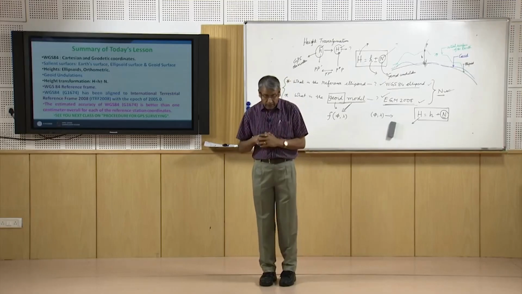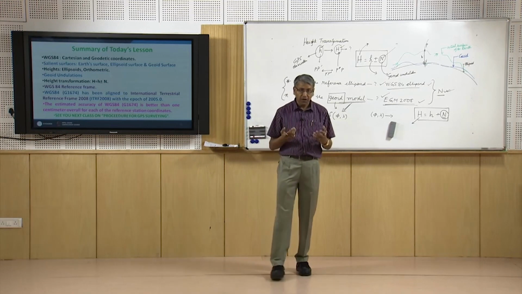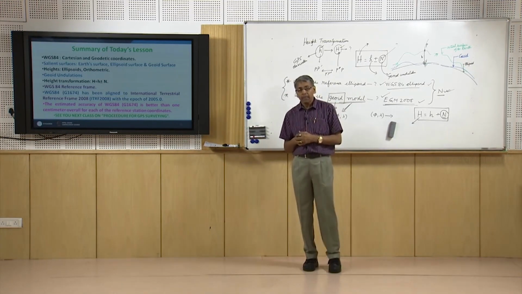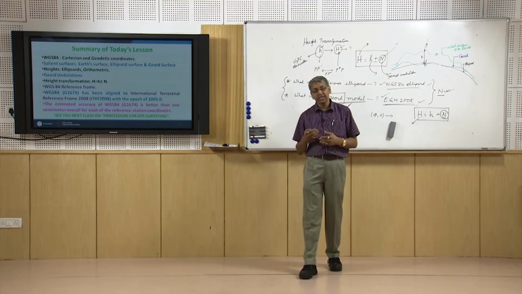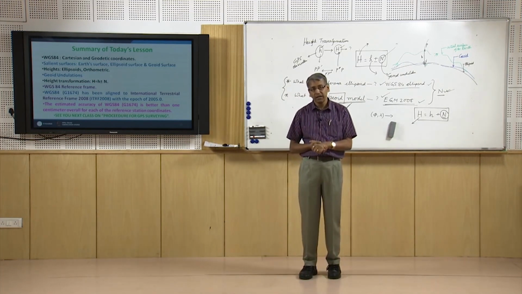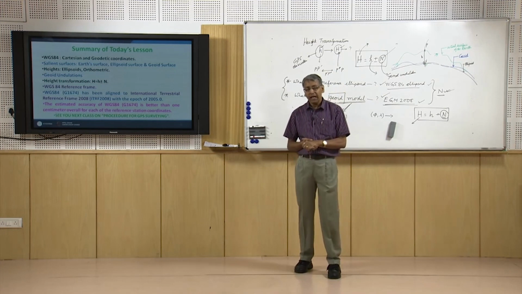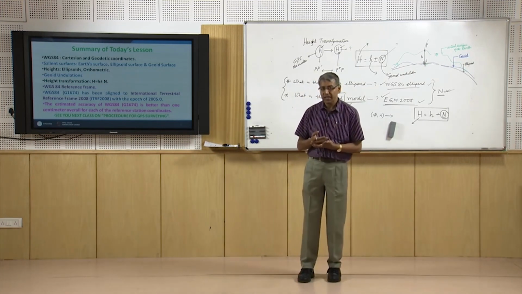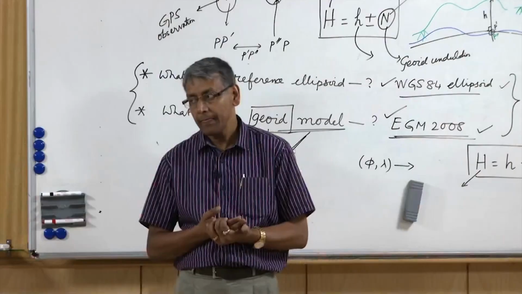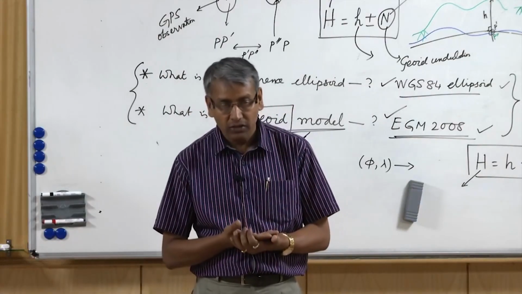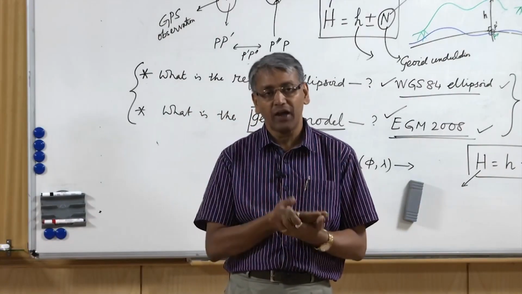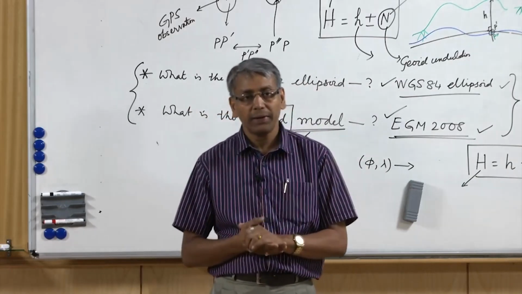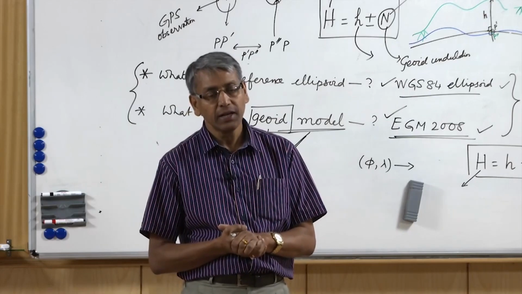However, we as surveyors, to make use of surveying measurements, need to know the orthometric height, which is the height above the geoid, an equipotential surface. To find the orthometric height from ellipsoidal height, we need another parameter called geoid undulation.